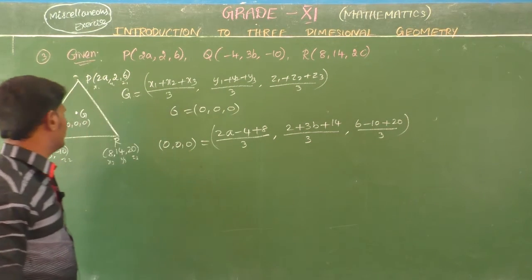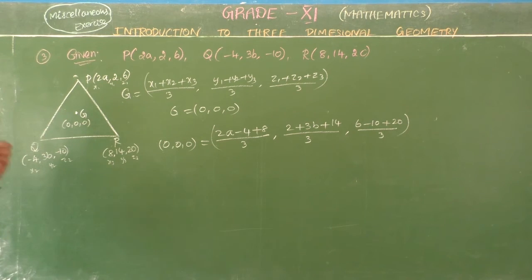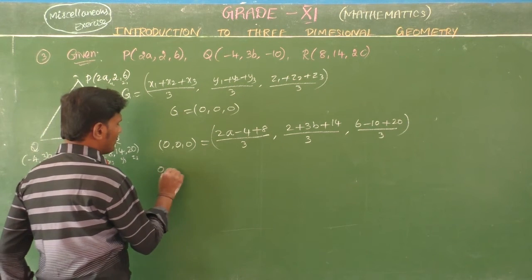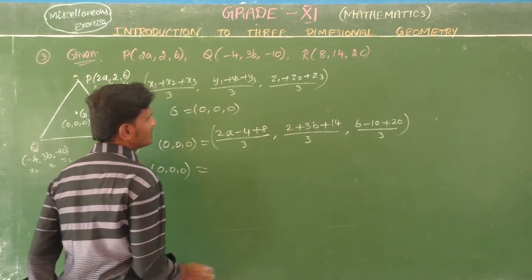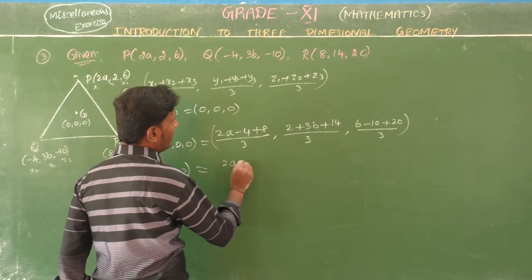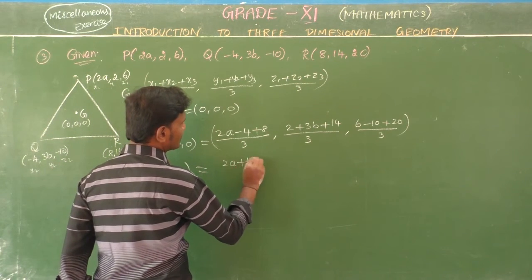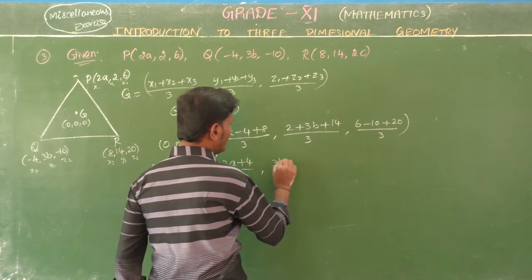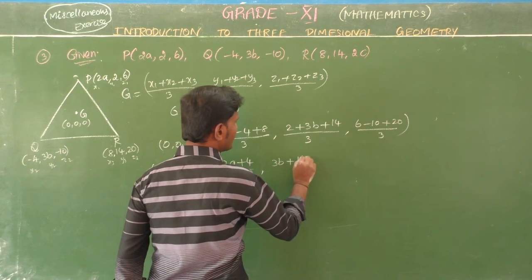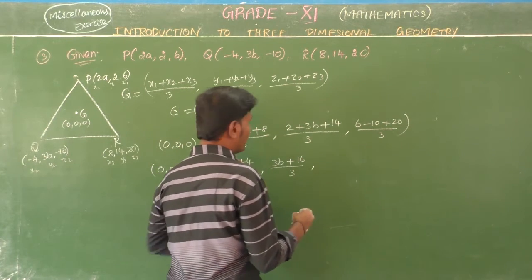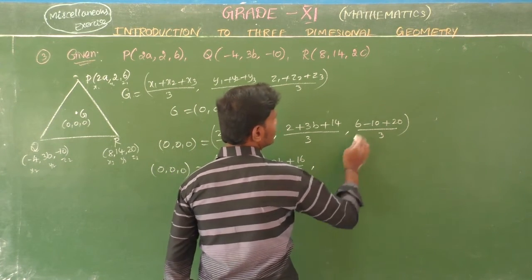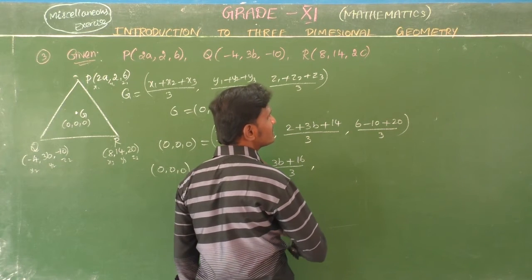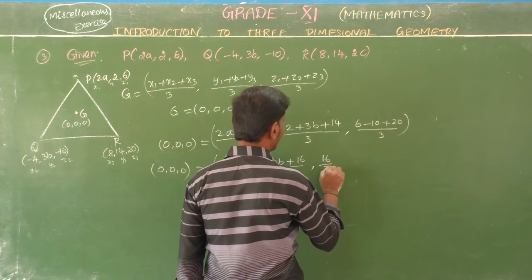Now we are going to simplify. (0, 0, 0) is equal to ((2a plus 8 minus 4, that is 2a plus 4) by 3, (3b plus 2 plus 14, that is 3b plus 16) by 3, (6 plus 20 is 26, 26 minus 10 is 16) by 3).